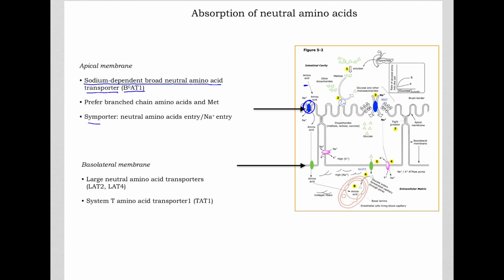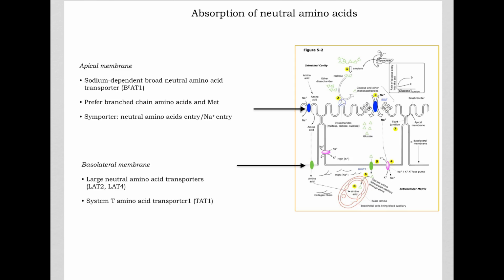These proteins are symporters, so not only do they bring in the neutral amino acids, they also bring in sodium from the cavity into the intestinal cells. These transporters prefer the branched-chain amino acids and methionine, although they transport all kinds of neutral amino acids.